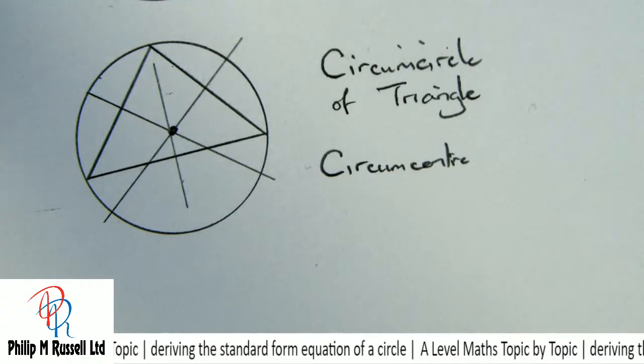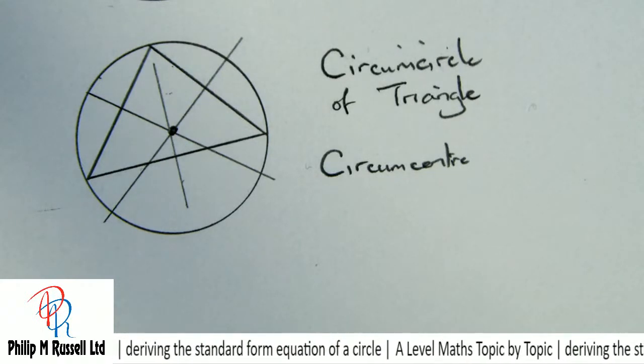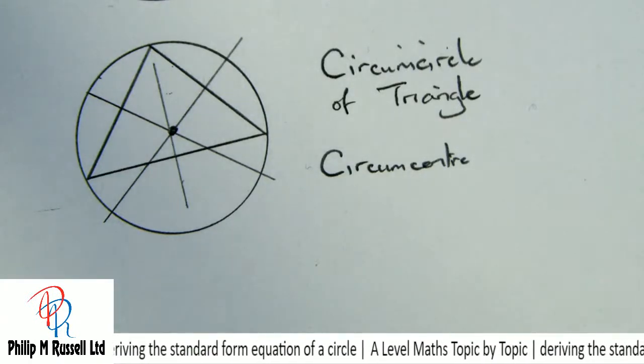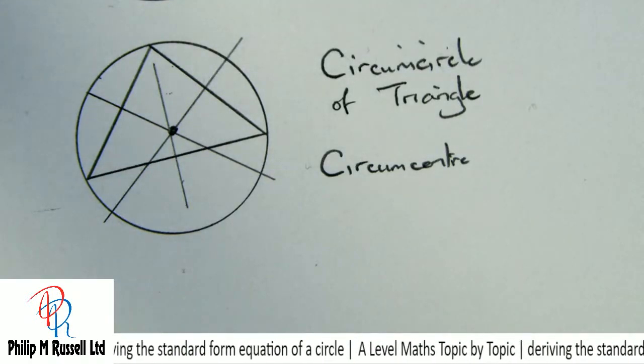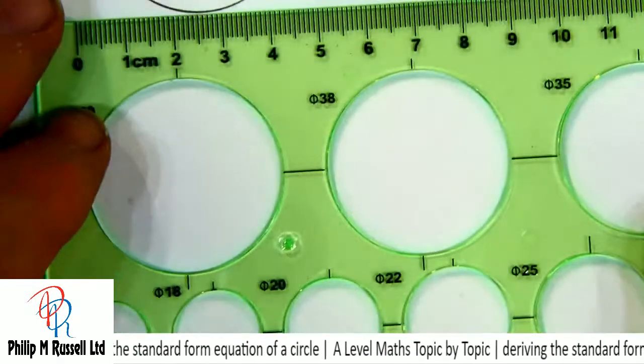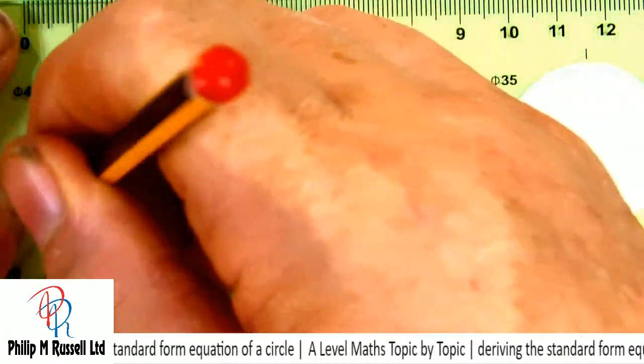So where do we start with some of these things? Well, if we want to try and play around with a circle, I suppose the most important bit is to have some idea about the equation of a circle.